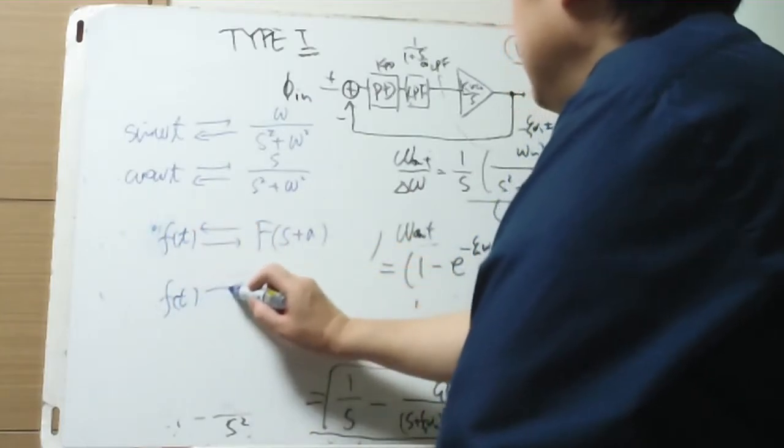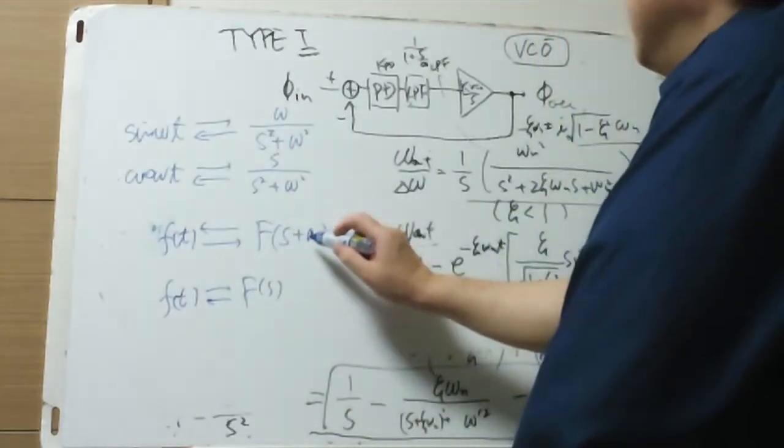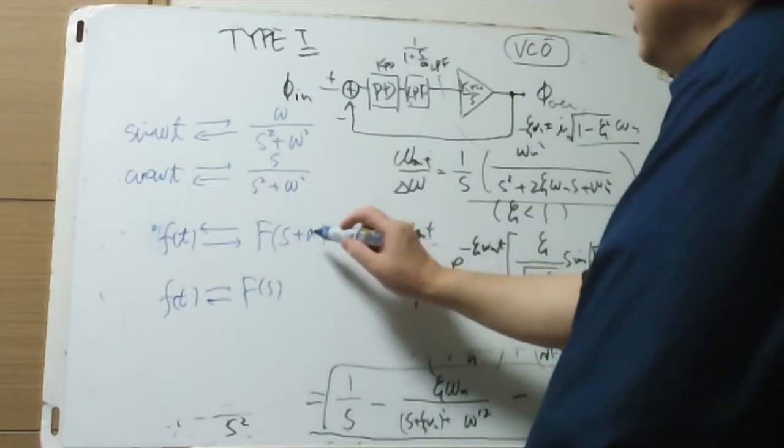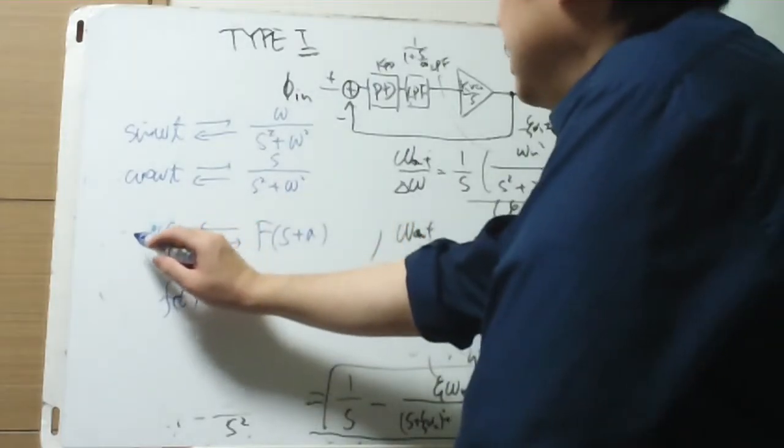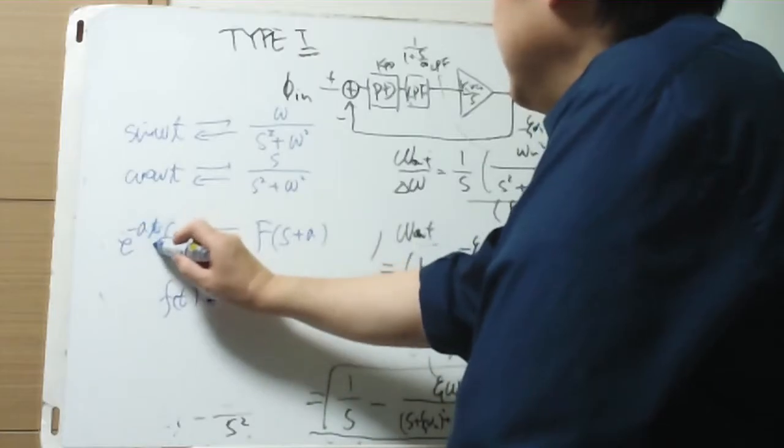F(t) is F(s), and F(s plus a), capital F plus a, inverse transformation is f(t) times exponential minus at.